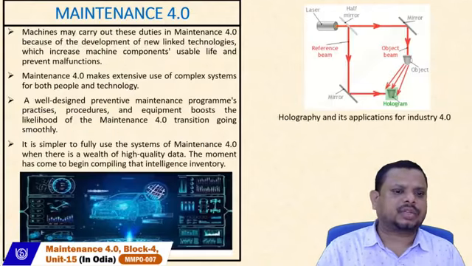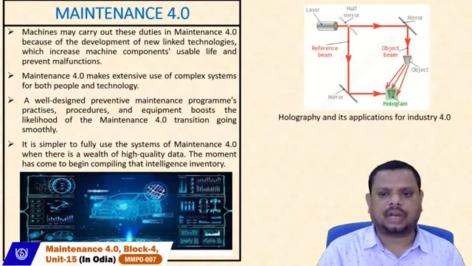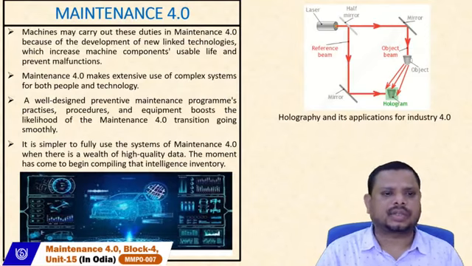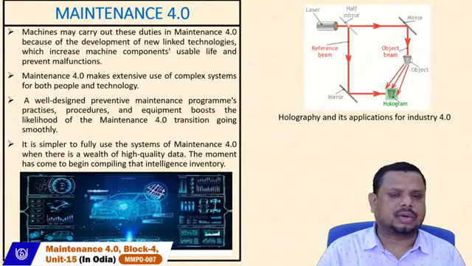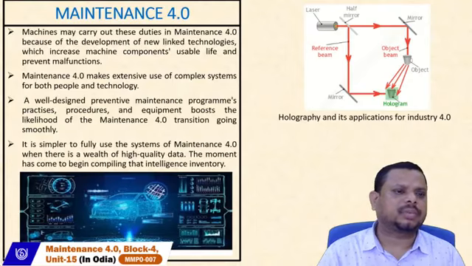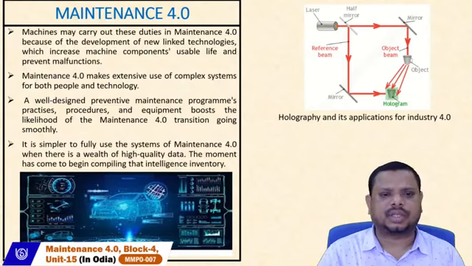Moving to the next one. The next one we are going to discuss is another technology known as holography and its application for Industry 4.0 or maintenance 4.0. Before elaborating on the holographic technologies, the important part is that machines may carry out these duties in maintenance 4.0 because of the development of new link technologies, which increase the usable life of machine components and prevent malfunctions.